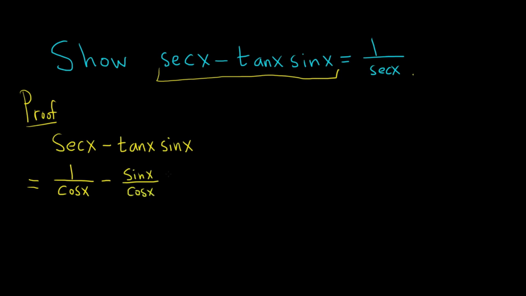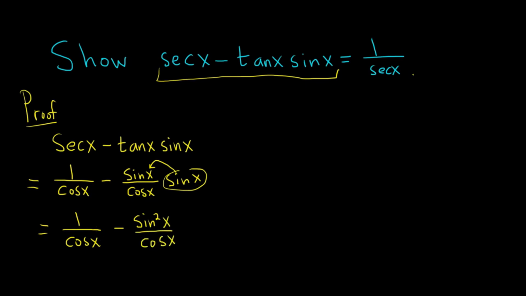And then we still have the sine function, so I'll leave it right here, sine x. Now we can go ahead and distribute this. So we'll have sine times sine. So this is 1 over cosine minus sine times sine, which is sine squared x, over cosine x.